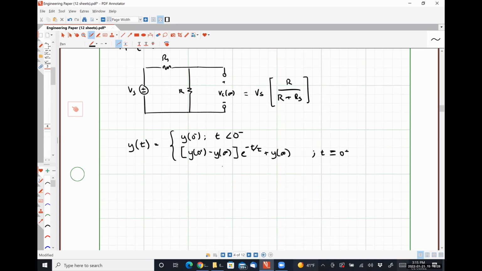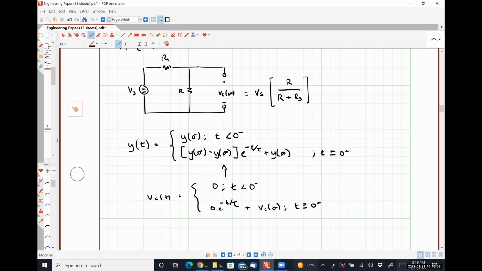So if we didn't have this term right here, we would see that VC of t would look like 0 for t less than 0 minus, and then 0 e to the negative t over tau plus VC at infinity for t greater than or equal to 0 plus.